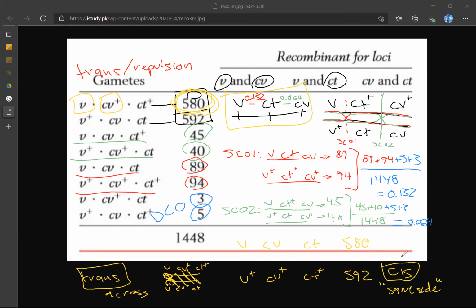Cis means same side. And so in that instance, we'd have V, CV, CT with V, CV, CT. And across this, I guess they're on the same side because they're pretty much the same. And the parents would look like this instead of like this.